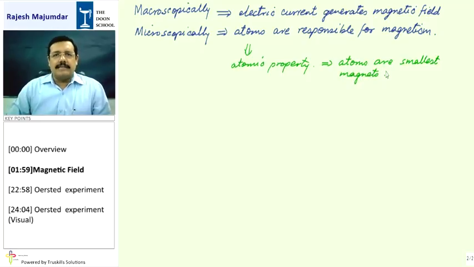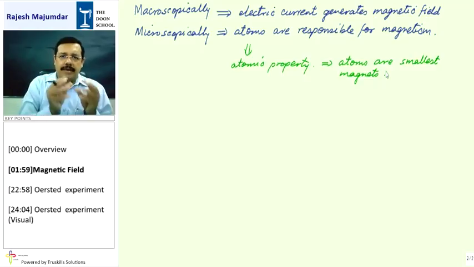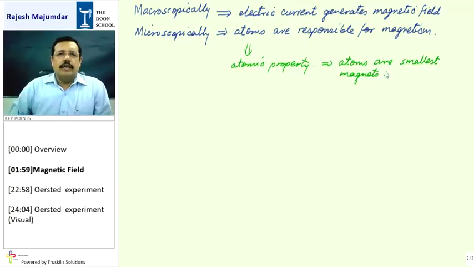And the bigger magnets can be molecules, then bigger molecules, and then collectively crystals, or rather big pieces of matter, and so on.